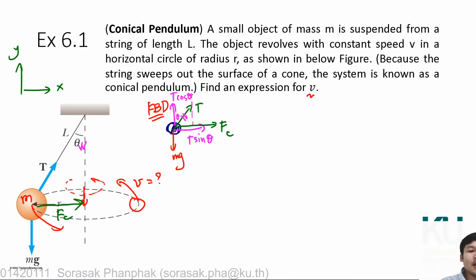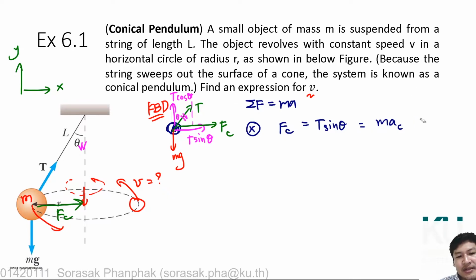So now you can check what happens in terms of Newton's second law in the x direction. You have your centripetal force, T sin theta, equal to m a_c, which is m v squared over r.